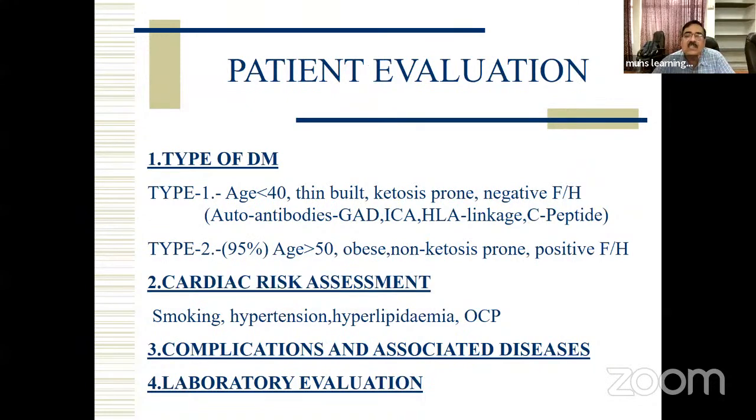Patient evaluation, why is it important? If the patient is less than 40, thin build, ketosis prone, and has a negative family history, because family history is much lesser in type 1 diabetes, what you have to do is check GAD antibodies, which are specific at around 65%, ICA islet cell antibodies, HLA linkages, and C peptide.